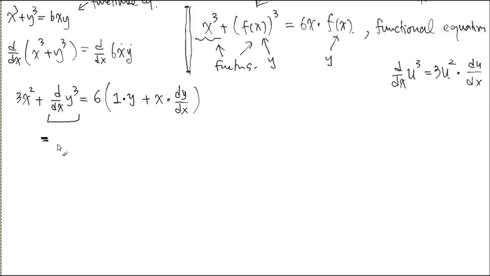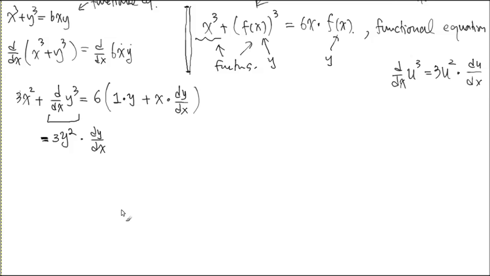So how does it go? 3y squared times dy/dx, the derivative of u. Here it is y, so dy/dx. We don't know what y is, but this one changed shape a little bit to dy/dx times 3y squared. Make sense?